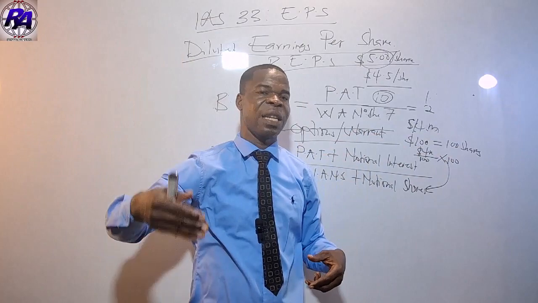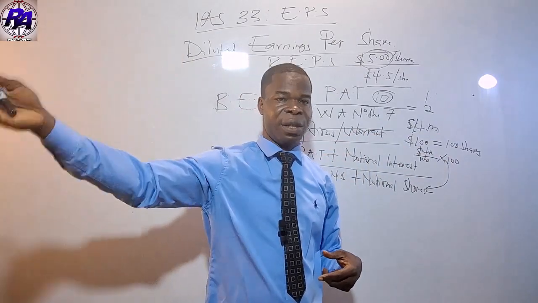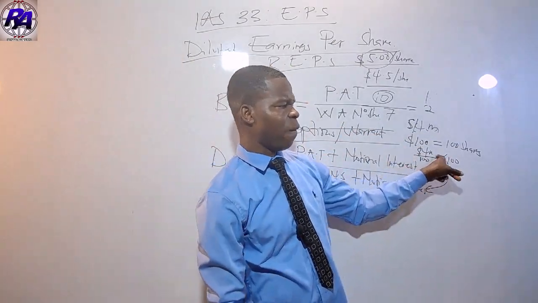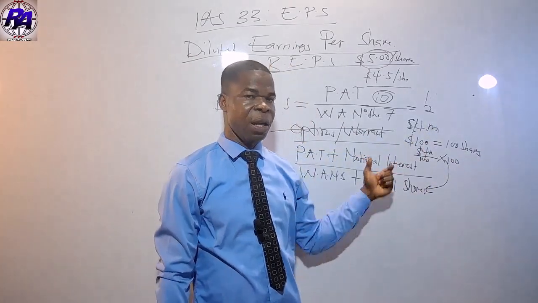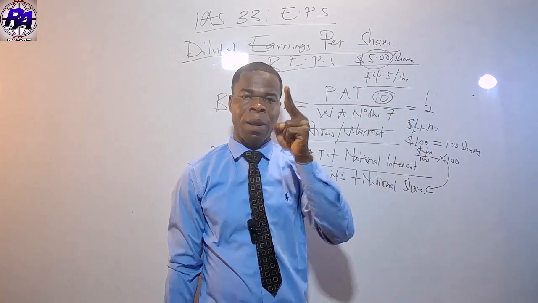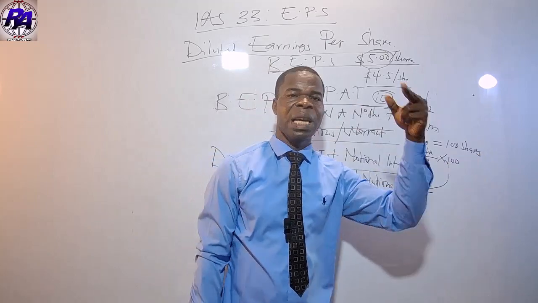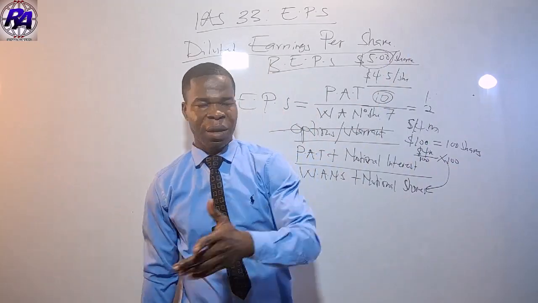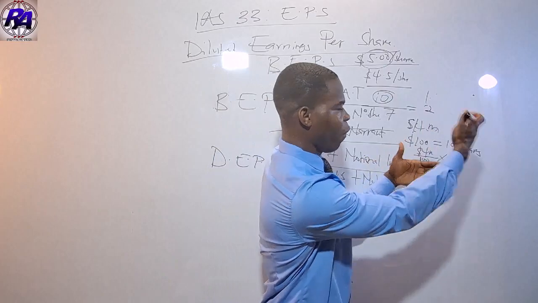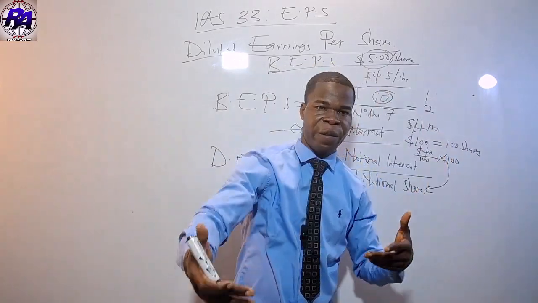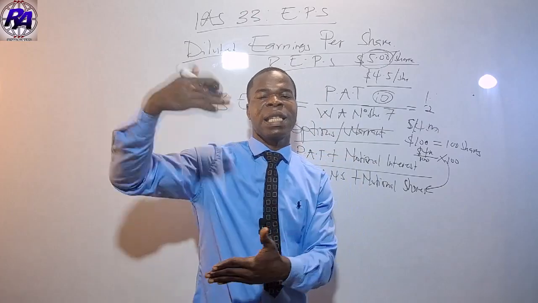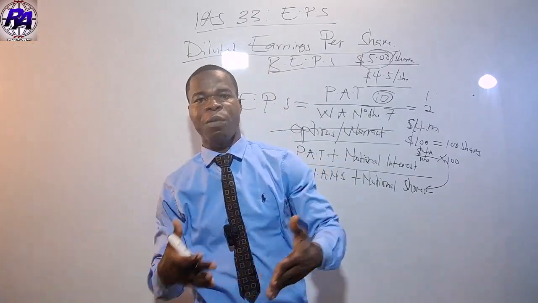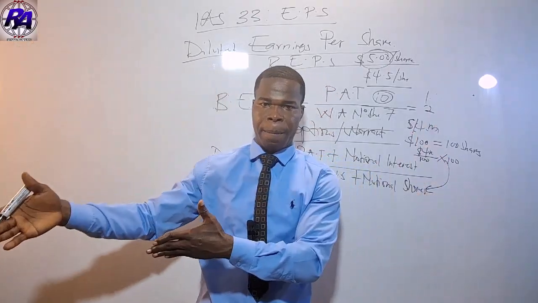So we are looking at two things here: potential ordinary shares into ordinary shares. Once they are in the form of convertible loan or convertible preference shares, they are potential ordinary shares. We've not yet converted them into our ordinary shares, but they are potential. That means we can convert them.